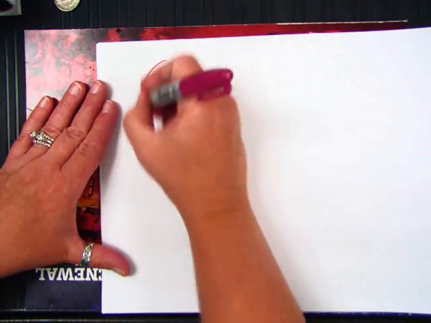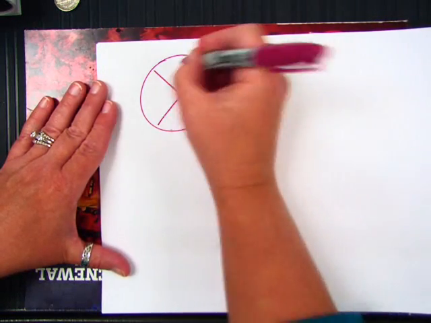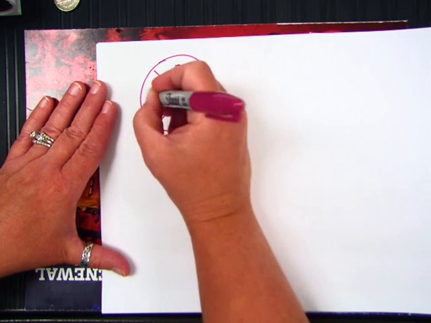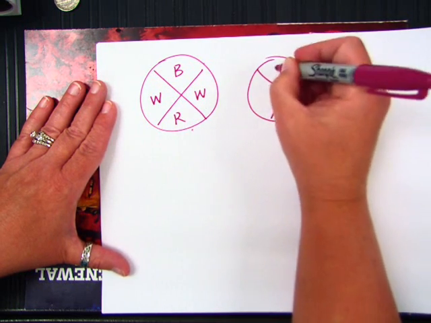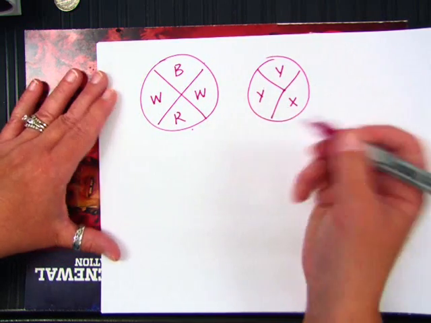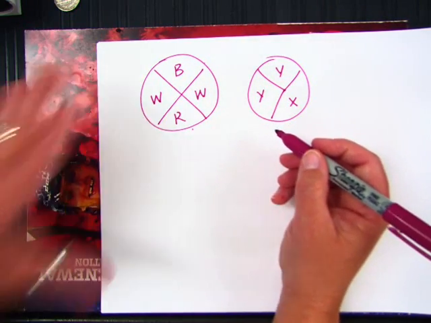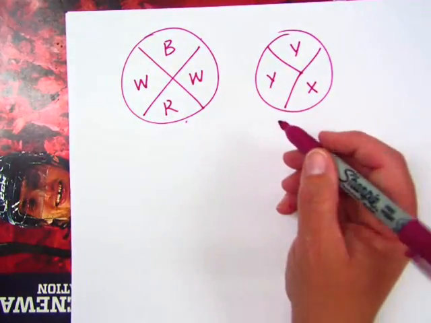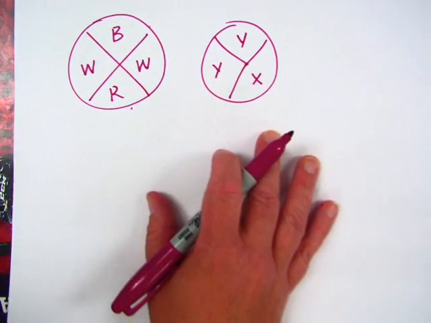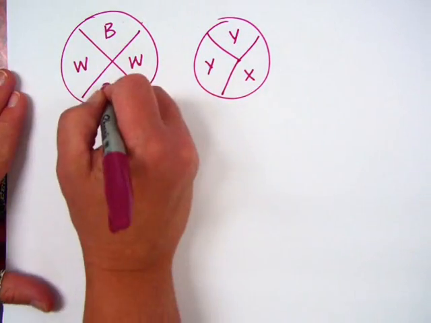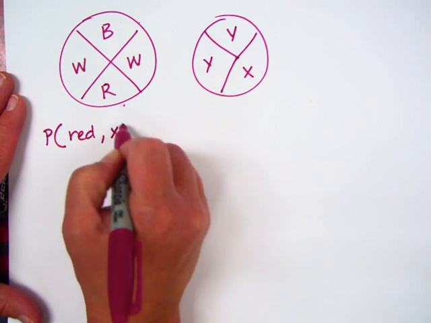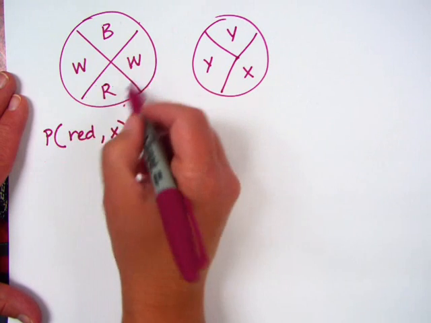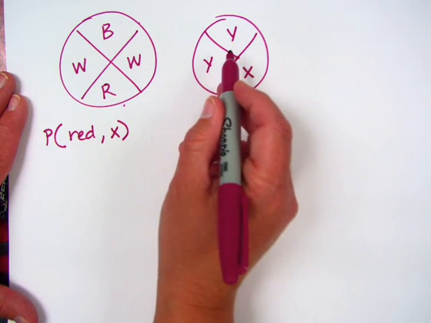Here's another. Let's look at this. What if I had blue, white, white, red, and I had Y, Y, and X. And mind you, when you have spinners like this, they have to be divided equally. So we're going to pretend, if nothing else, that my spinners are divided equally. So if I'm looking for the probability of a red X, that this will land on red and this will land on X, okay?